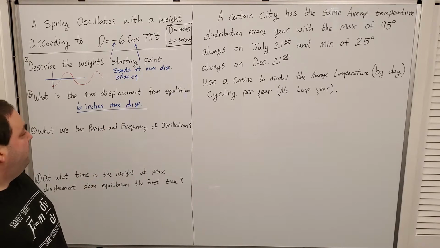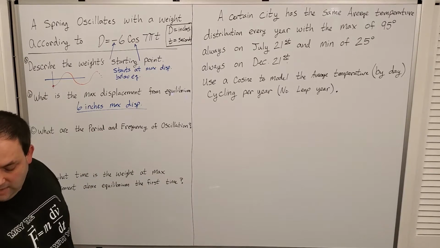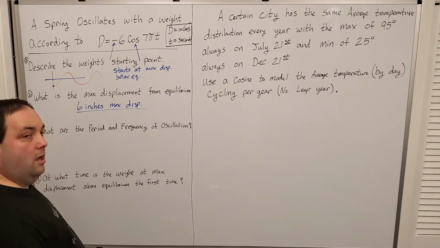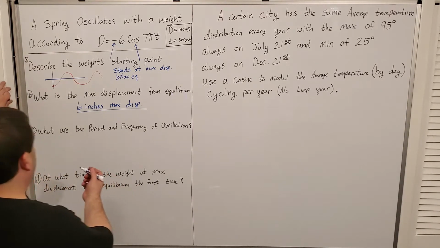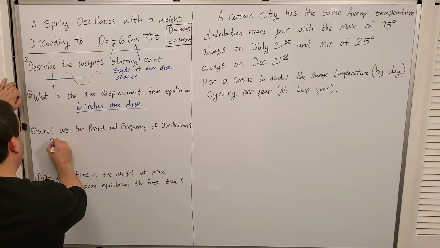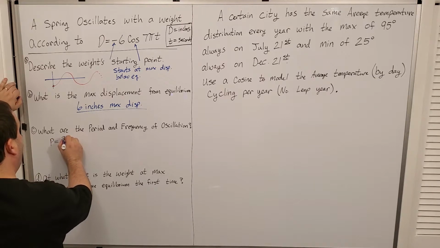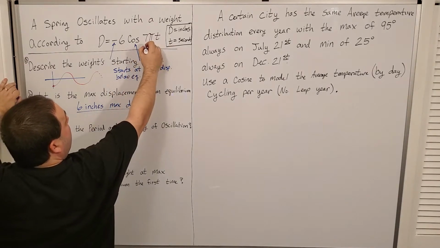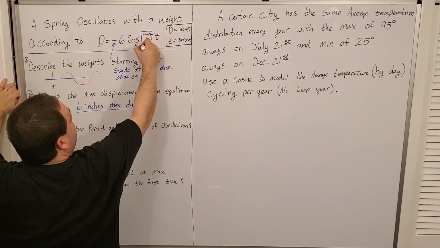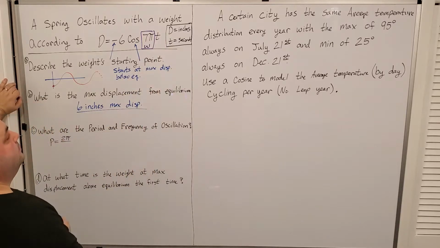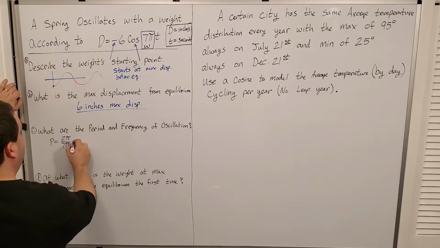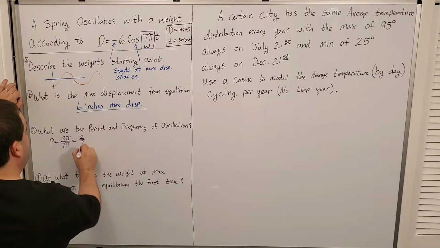What are the period and frequency of the oscillation? Well, remember, we have actual formulas for those. So the period is going to be 2 pi divided by the omega, which here my omega is 7 pi. So that's 2 pi over 7 pi, which is going to be 2/7.